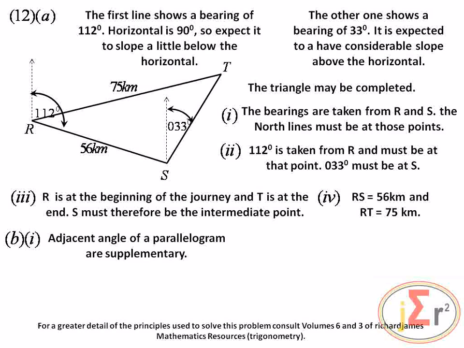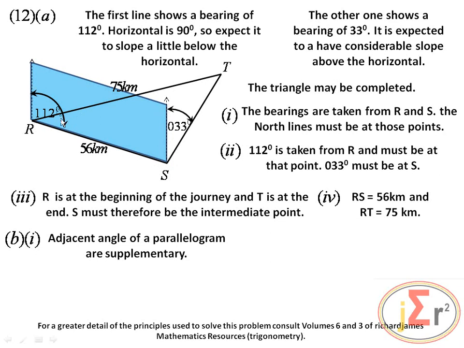Adjacent angles of a parallelogram are supplementary. That means they add to give 180 degrees. So we have this angle here and it is adjacent to this one. Why parallelogram? Because this line is north and this one also is north, so they are parallel. So this figure is a parallelogram.